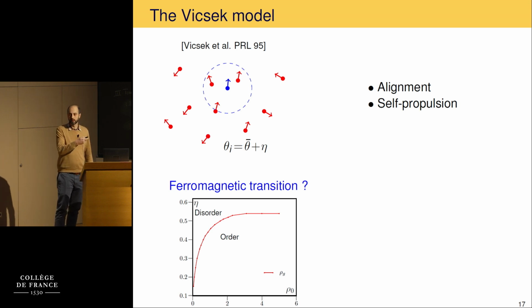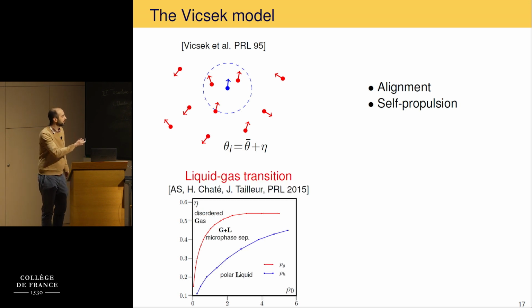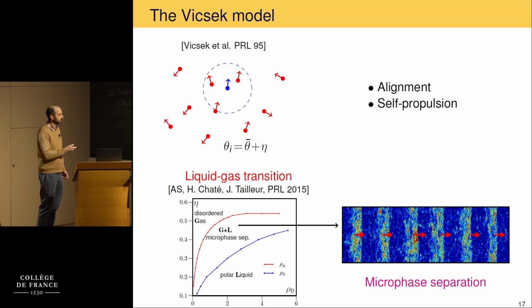But what we realized from what we have learned from the active Ising model is actually that the phase diagram is like that. So you have the disordered gas, you have the ordered liquid, but in between you also have a region of phase coexistence. But just now the phase coexistence looks different. You get a microphase separation.